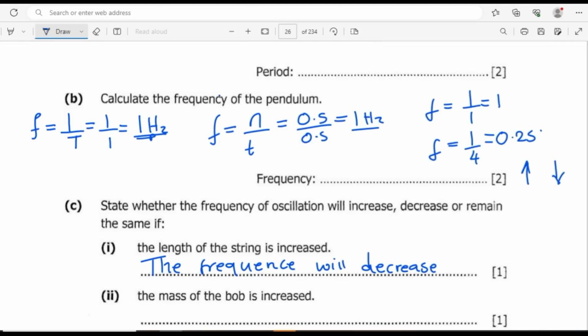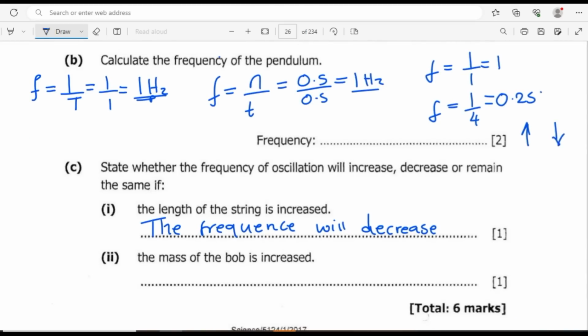Sometimes you may also encounter a question like, what is the relationship between frequency and the period? You can say that these two are inversely related to each other, because if one factor increases, the other one must decrease.